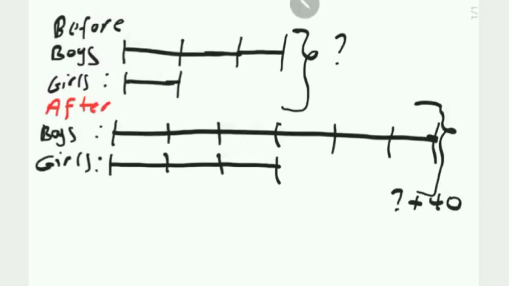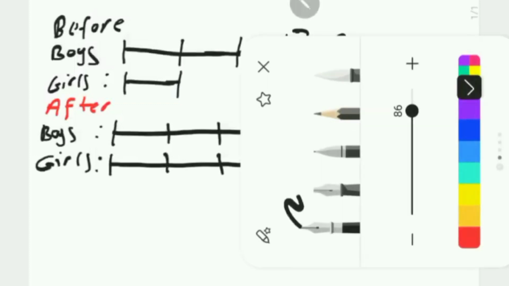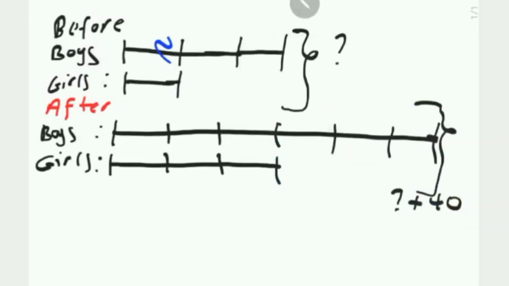So we could see that in the after condition, the 4 units over there is actually the total that was before. So the 4 units, that is 1, 2, 3, 4, made up the total.